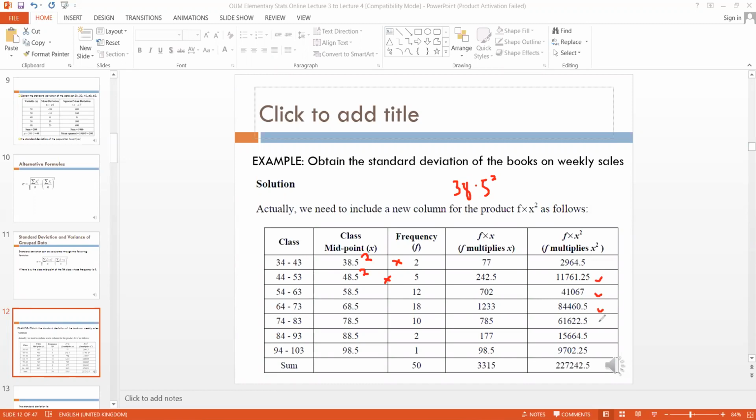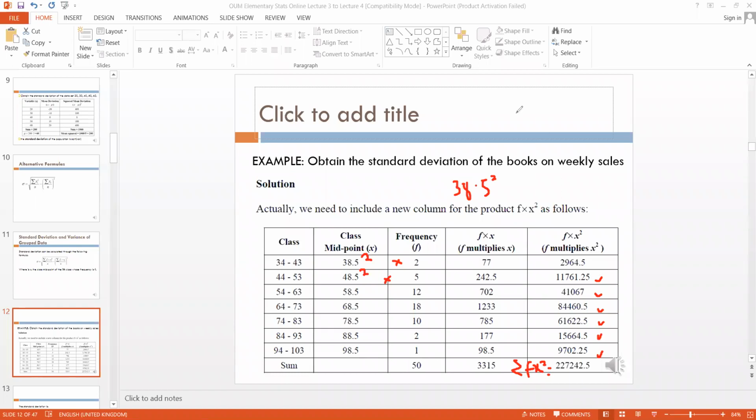Then after you are done, you sum them. This quantity will give the summation fx squared. So this is what we get for the two quantities.